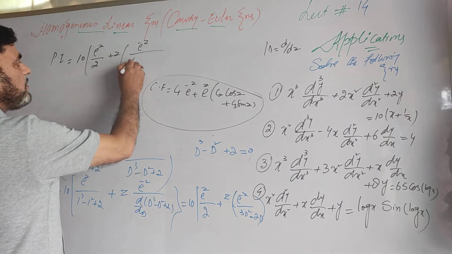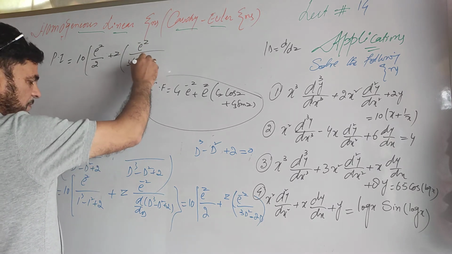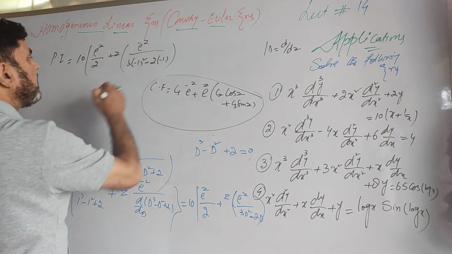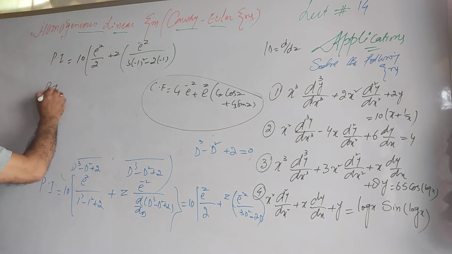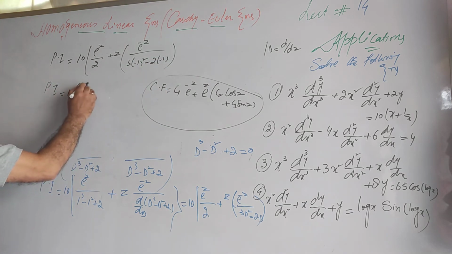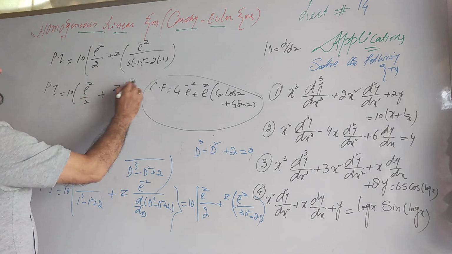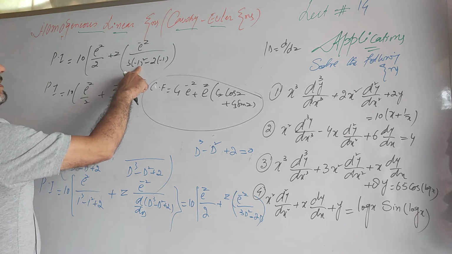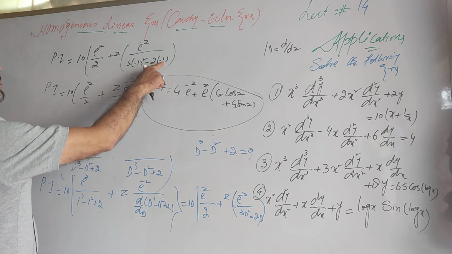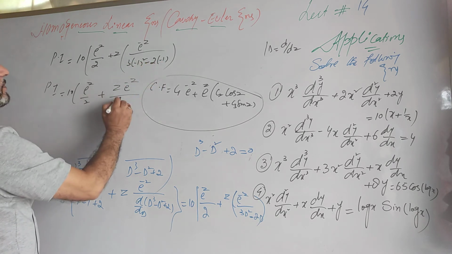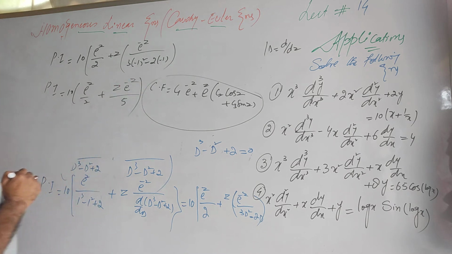It is 3 times minus 1 squared minus 2 into minus 1. This gives you particular integral is 10 times e raised to the power z by 2, then plus z e raised to the power minus z by, it is 1. This is minus minus plus 2. 3 plus 2, it is 5.